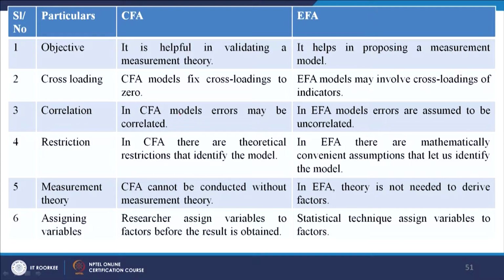There might be some correlation in this unexplained variance as per the CFA models, but in EFA the errors are assumed to be uncorrelated. In practice it is not possible, but that is the entire spirit of developing the EFA.